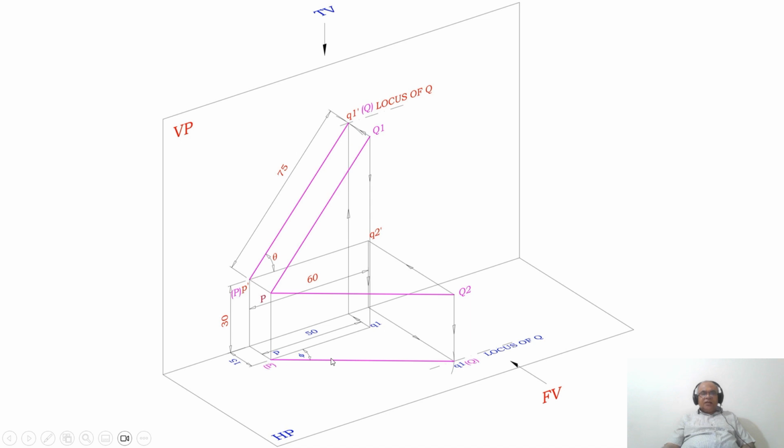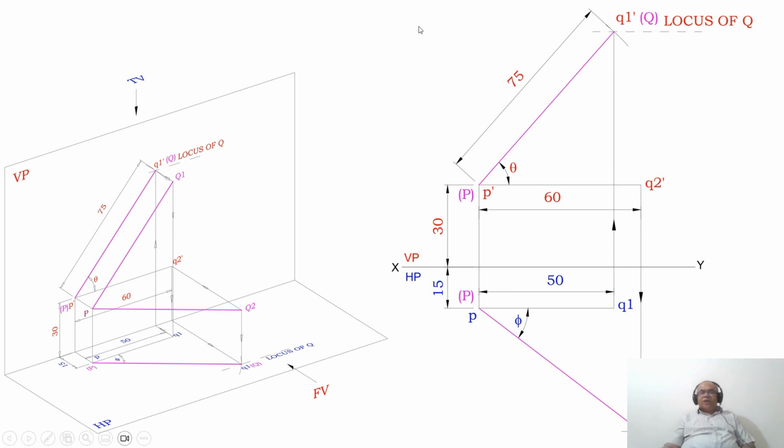Now this is the line you get as the true length line. This will be small q2, because when you look from the top view, this is q2, and this is the true length because it is parallel to HP. Since it is parallel to HP, we are getting the true length in HP. This will be capital P and this will be capital Q. So this is going to be the locus of Q, and this is how we get the line in 3D.